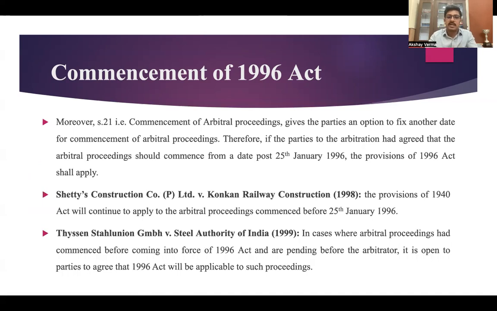And also under section 21, अभी हमने बोला कि अगर 25th जनवरी 1996 और 16 अगस्त 1996 के बीच में कोई केस आया है तो हमें 1996 एक्ट को लगाना है. तो एक सेक्शन 21 दिया गया है that it is at the discretion of the parties that they can either go for 1940 Act or 1996 Act if the date of that case falls between 25th January 1996 to 16th of August 1996. तो एक डिस्क्रीशन भी दिया है कि अगर आपको नहीं करना है इस एक्ट के थ्रू तो आप उसको भी खुद से डिसाइड कर सकते हैं.